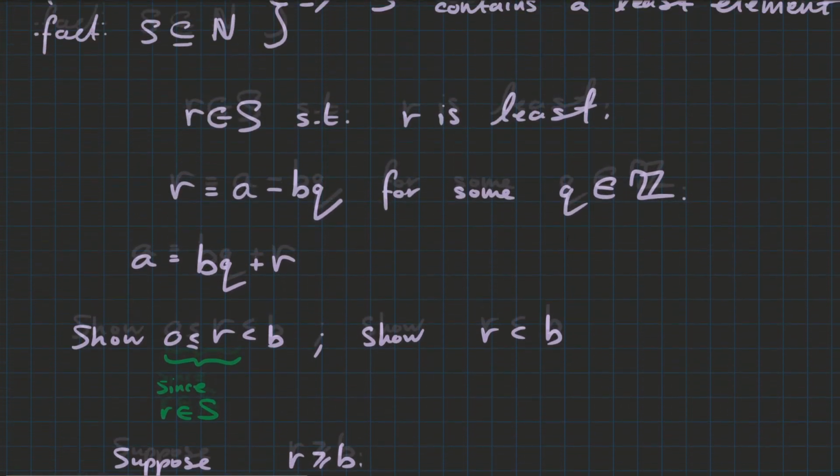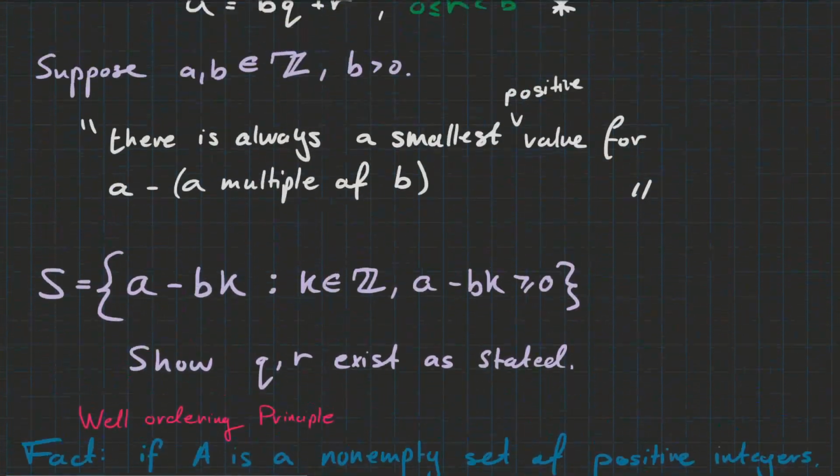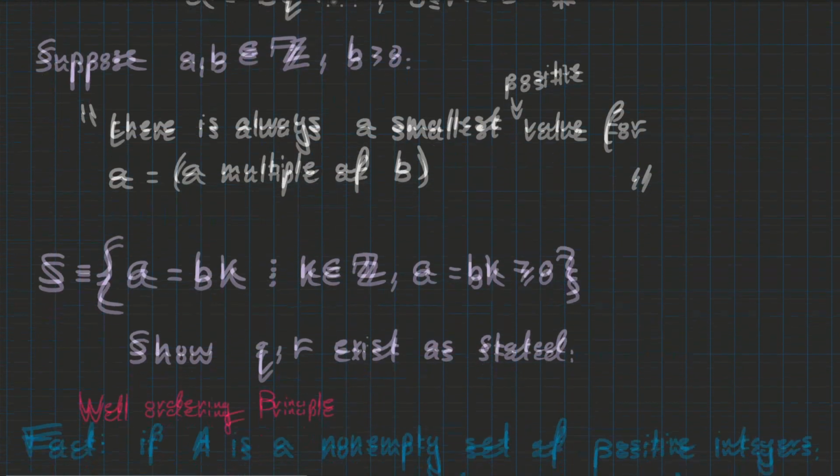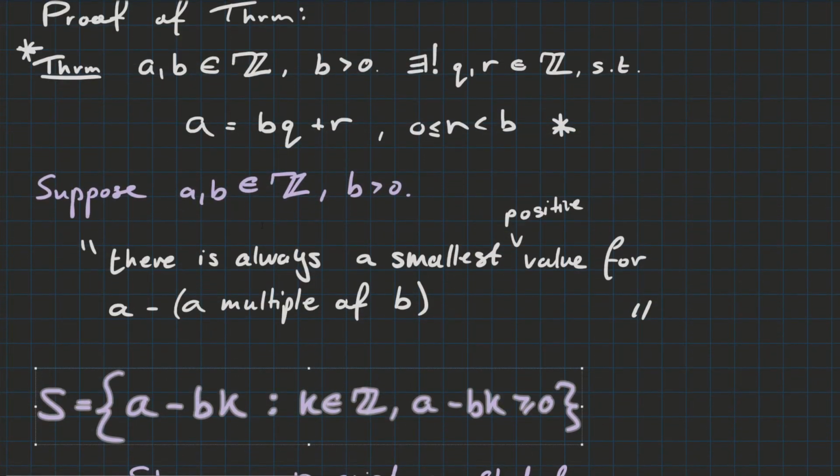Okay, so we mostly have it. Let's think about what we're trying to show. We have A and B are integers, B is positive. We've shown that there exists some Q and R such that A is BQ plus R, and we've shown this condition. I told you how to find both of them: R is the least element of this set S, and Q is the K from that element.